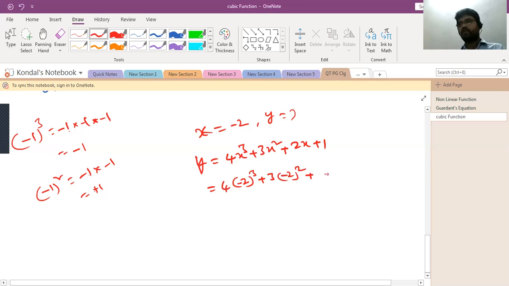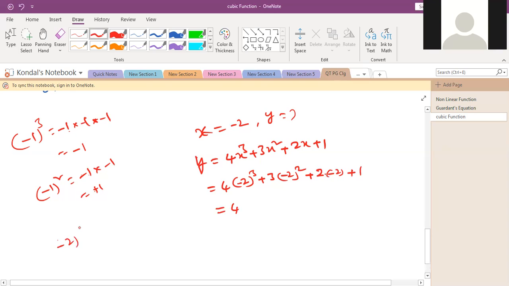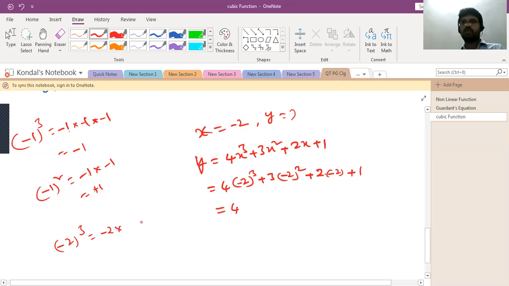plus 2 into minus 2 plus 1, right? So here you can take 4 as it is, minus 2 whole power 3. What it means, minus 2 into minus 2 into minus 2, right?